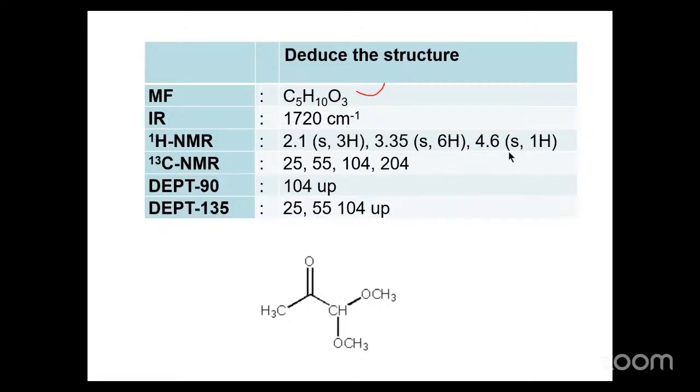That means its neighboring carbon will not carry any hydrogen. Carbon 13 shows 4 kinds of carbon. So there are 2 methyl groups which are equivalent.